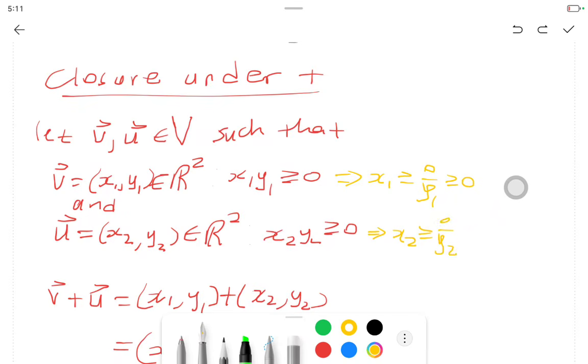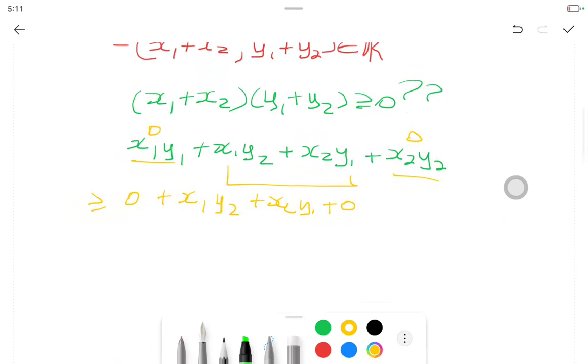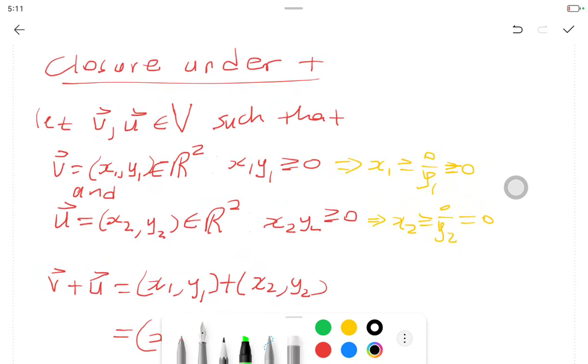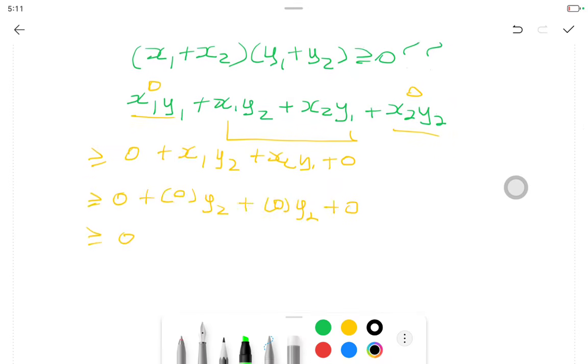But what if y1 is 0? What if y2 is 0? So this won't be true. You see, right? This won't be true for y1 and y2 not equal to 0.